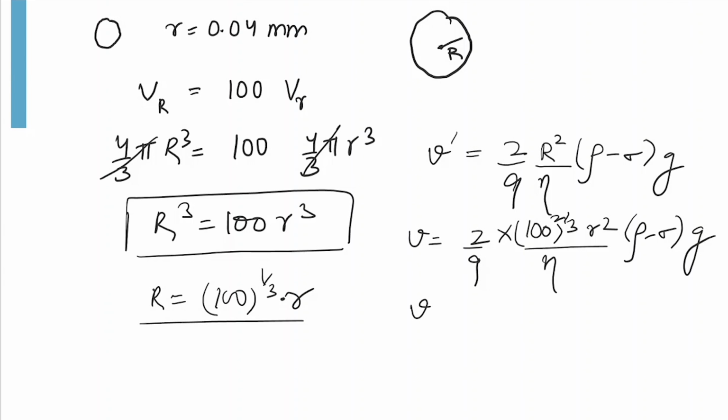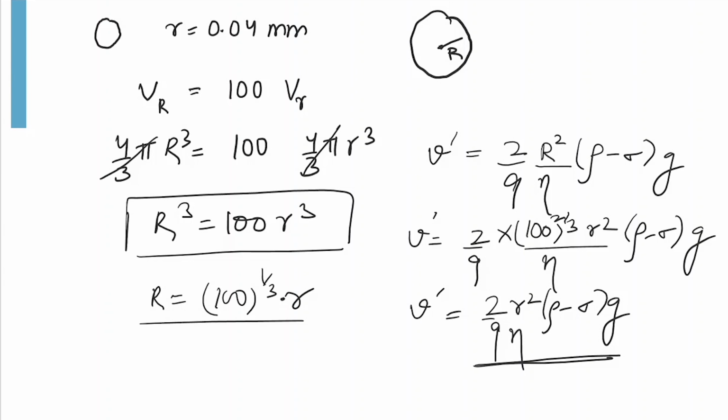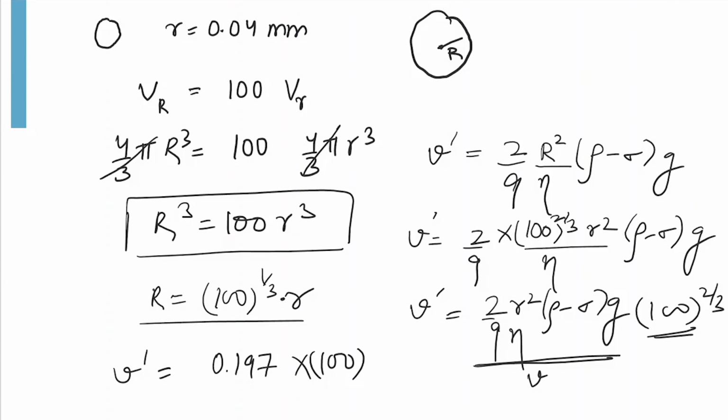So our new terminal velocity is the previous terminal velocity, and we simply have to multiply by the factor 100 to the power 2 by 3. We know our previous terminal velocity is 0.197. We just multiply this by 100 to the power 2 by 3. So our terminal velocity will come out to be 4.24 meters per second.